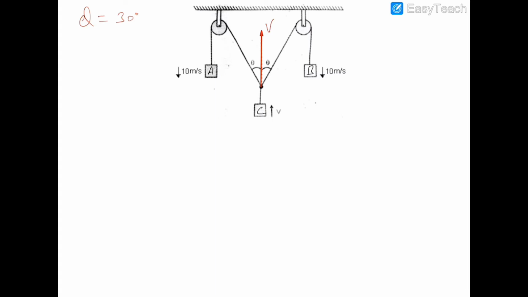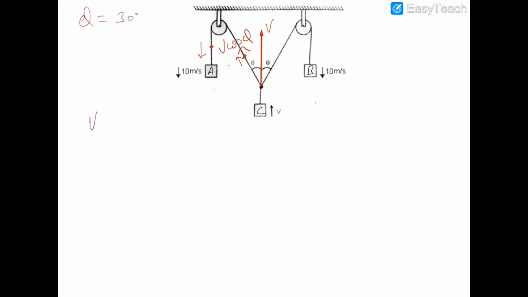If I resolve it along this, it is v cos theta, and I can say that the velocity of this point of the rope along the rope will be v cos theta, and the velocity of this point along the rope will be 10, and they will be equal.